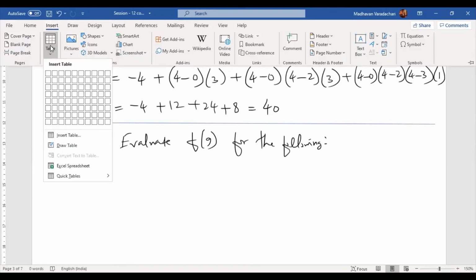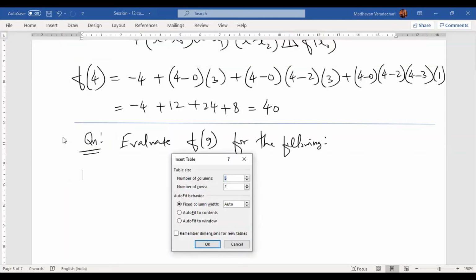There is a table having four columns and two rows.